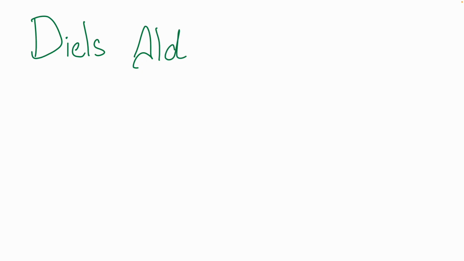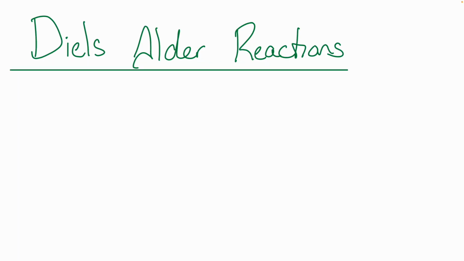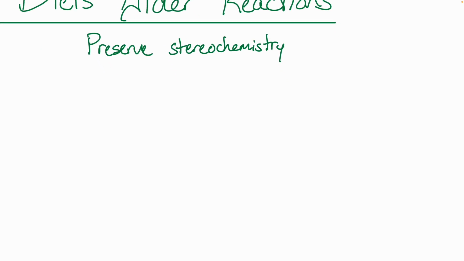Okay, so the last thing we're going to learn about these Diels-Alder reactions is that they preserve stereochemistry. So what do I mean by that?